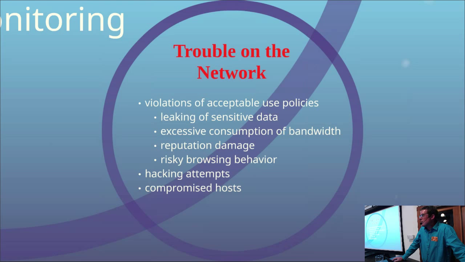You're going to learn about your users' risky browsing behavior. There are a lot of different types of triggers that might set off this IDS. You're also going to see hacking attempts and evidence that something is going wrong on the network in terms of a compromised host.